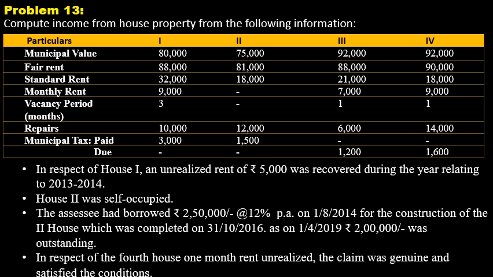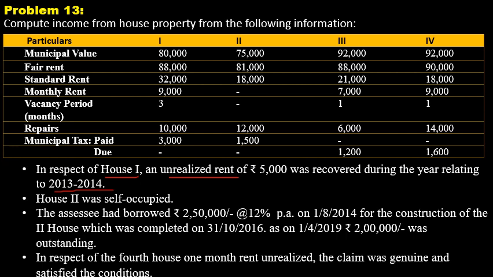The next point is, in respect of house 1, an unrealized rent of rupees 5,000 was recovered during the year, relating to 2013-14. So in case of house 1, there is an unrealized rent related to the year 2013-14, not the present previous year.